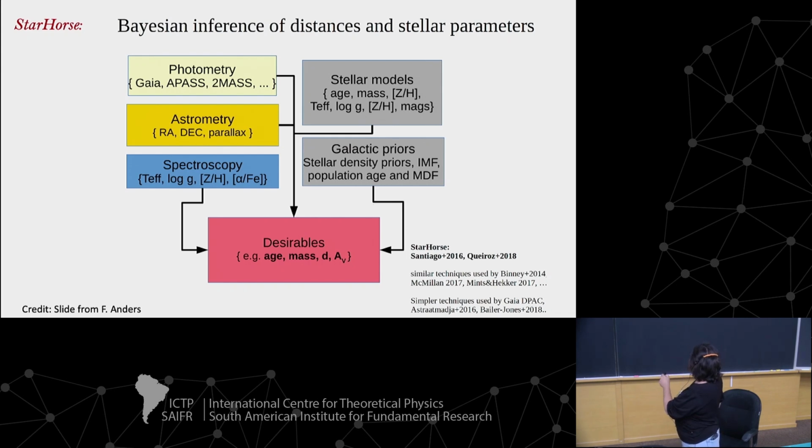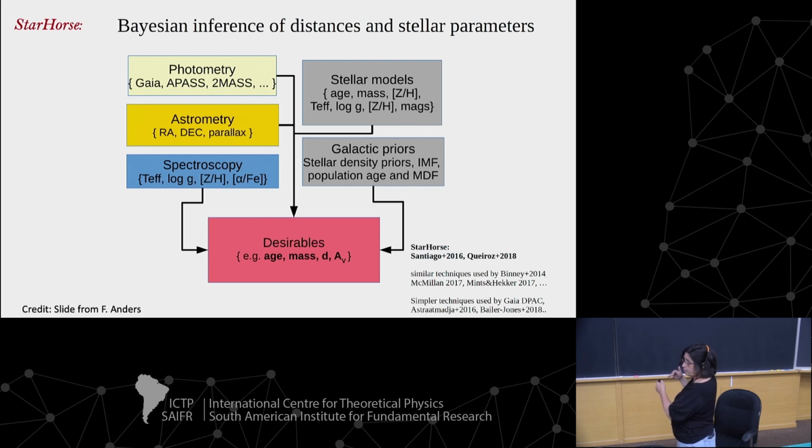And we compare to evolutionary tracks. That's what the code, the Bayesian analysis, will do. We try to use all these parameters and compare the data with stellar evolution tracks, which gives us the most probable values, the PDFs, of what we need to learn, which is essentially distance and extinction.